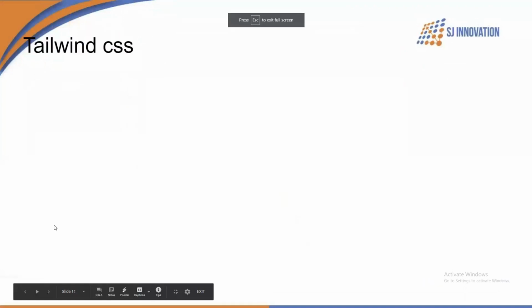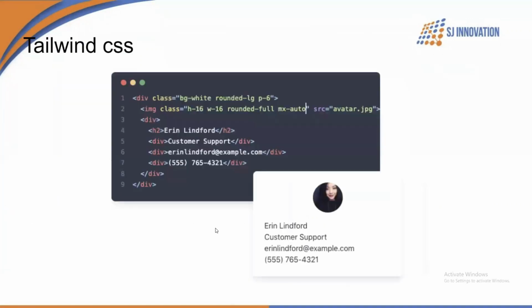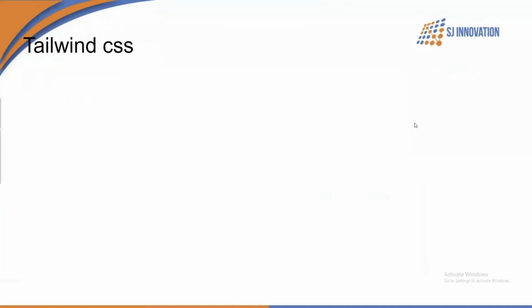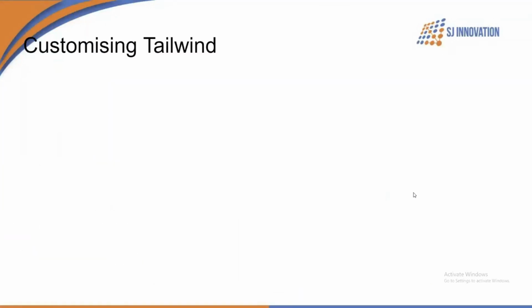Okay, so this is better. Basically what I have added is a small slide or picture for our understanding. This is what I have done in CodePen. This is so responsive. And we can also customize the Tailwind default classes.